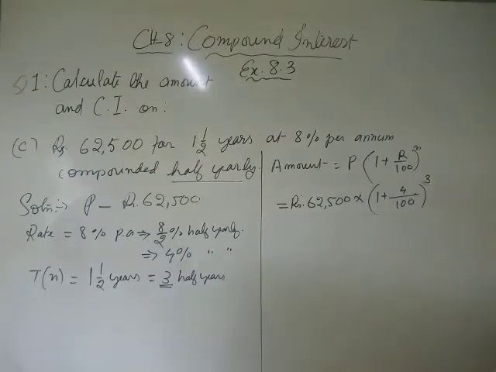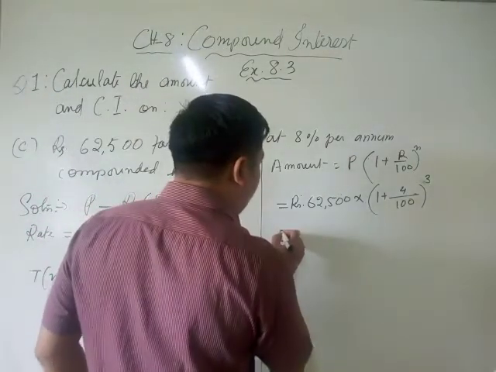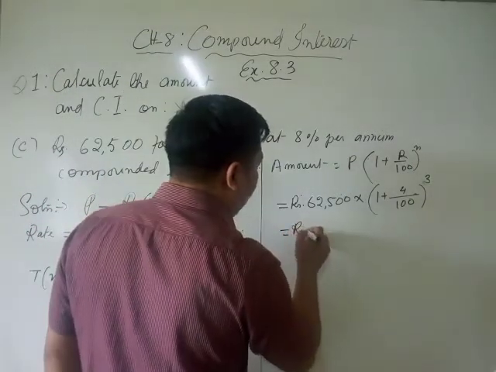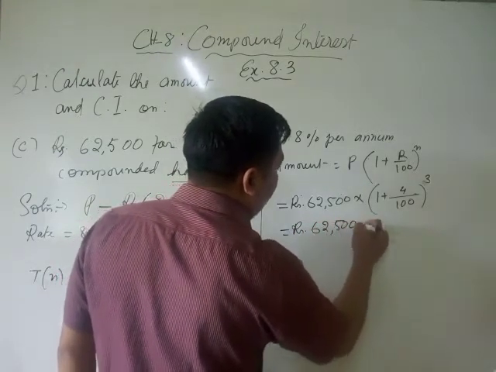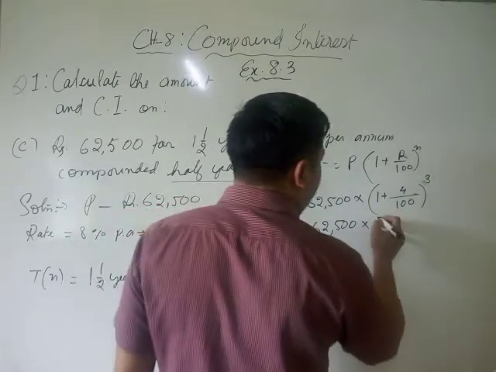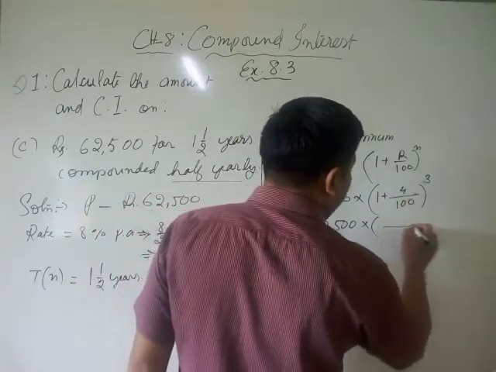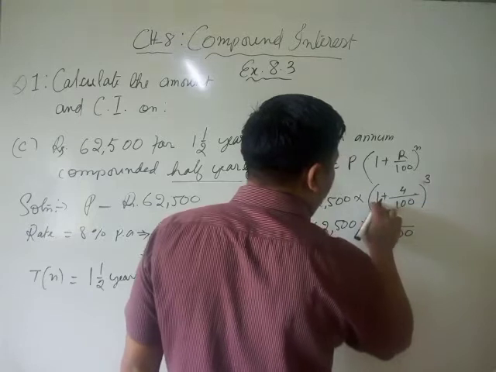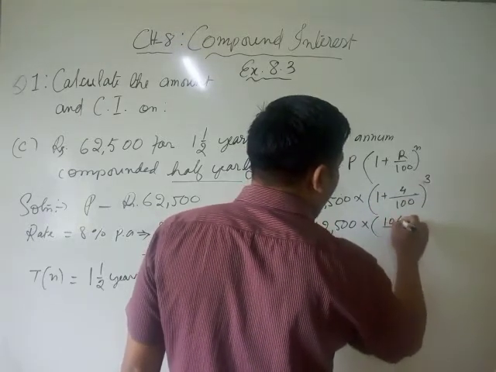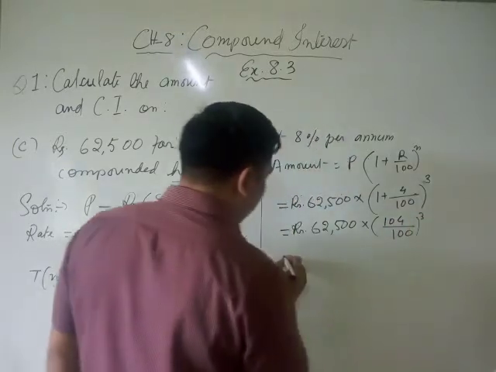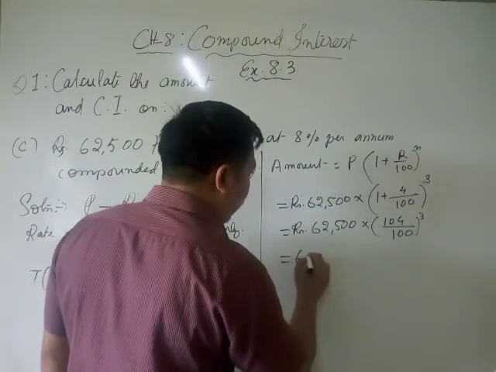So my best friend, next what we get here is rupees 62,500 into, in the bracket, we'll take the LCM, which will be 100. Here 1 into 100 is 100, 100 plus 4 is 104, to the power 3. So to get the amount we have to multiply.